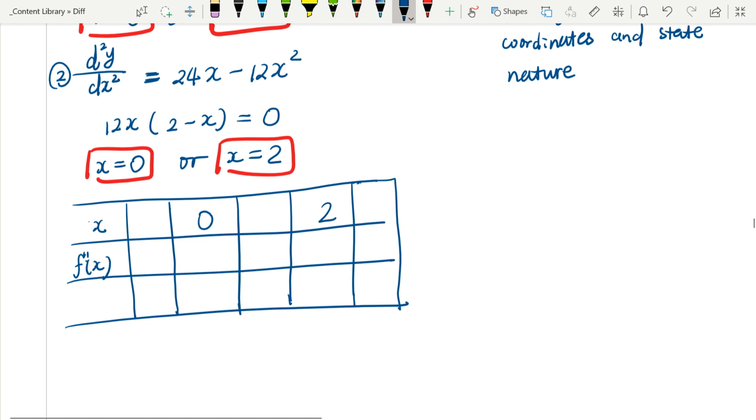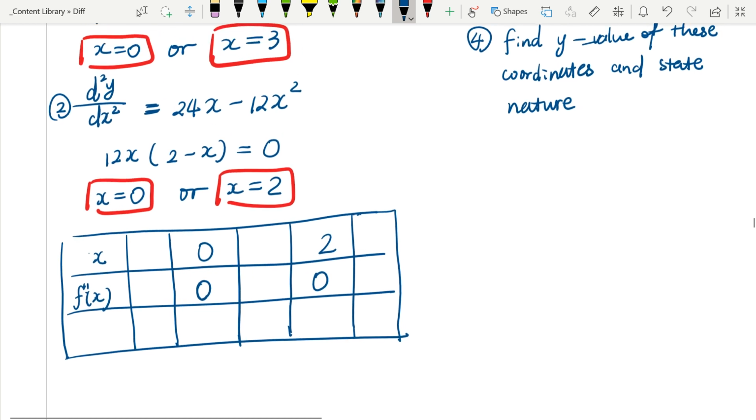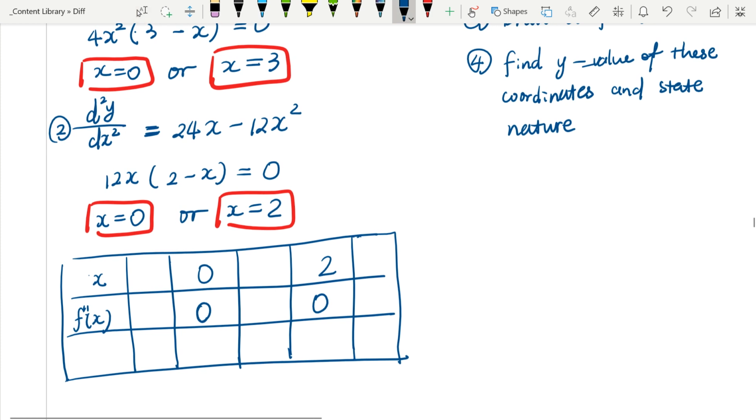Is the 0 an x-intercept on the second derivative graph? I know that the second derivative equals 0 for those 2 points. On the right hand side of 2, which value do you put? I will put 3, because 3 is something I really want to test.